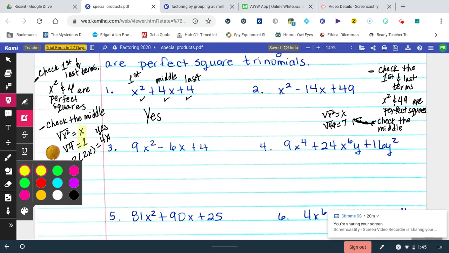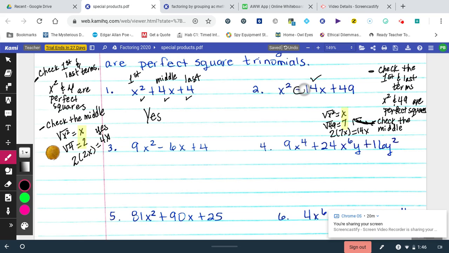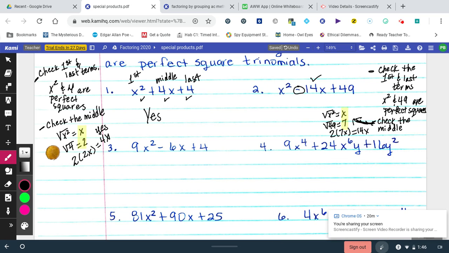That product is 7x. So the middle term has to be twice 7x, which is 14x. Does that check out? Yes. Now, I know somebody is saying, well, that middle sign's minus. I don't care about the middle sign. The middle sign can be plus or minus. I just need to make sure that these two perfect squares are both positive. That's a plus, and that's an understood positive. So this is also a yes.